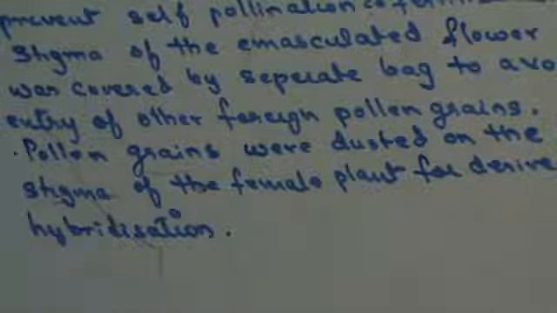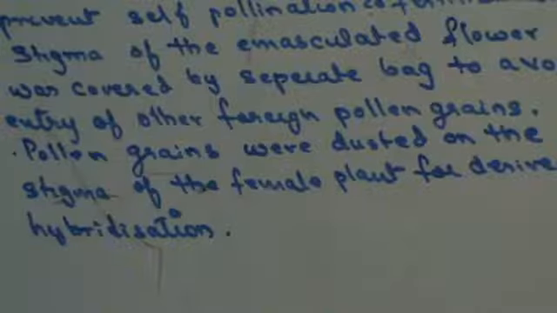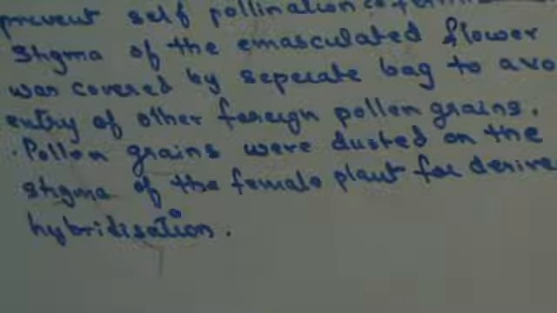Fine. Once the pollen grains were dusted, then the cross-pollinated flowers were again enclosed by a bag to avoid deposition of any other foreign pollen grain. I wanted to make sure that I have a cross between these two plants only, right?